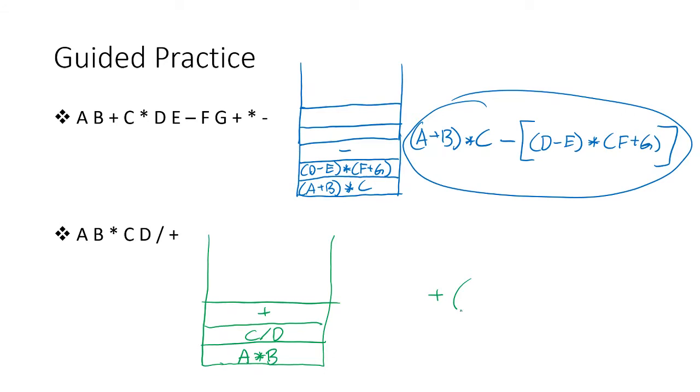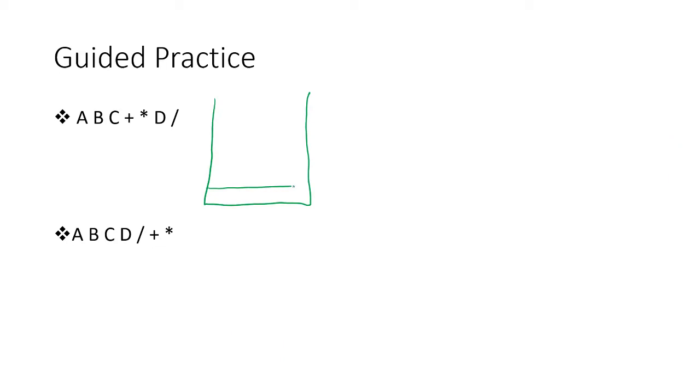All right, we have one more page of practice. So right here, I'm going to draw my stack again. Here's A, here's B, here's C. Okay, I got a plus. So then I pop off the C, pop off the B, and write it back in. Now I have multiply. So now I have to pop off the bottom two.